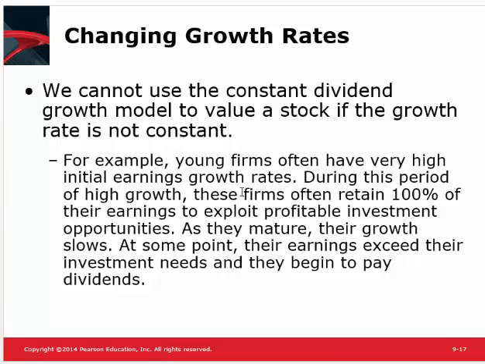So we can't use this model if growth rate's not constant, right? We're making an assumption that it's constant. But there are certain kinds of companies, especially more technology, research types of companies that are in the invention business, companies that do a lot of R&D, right?